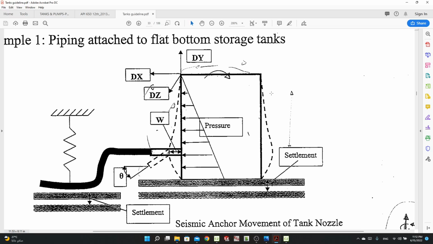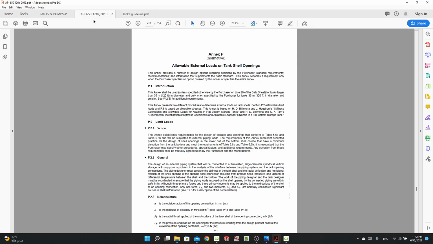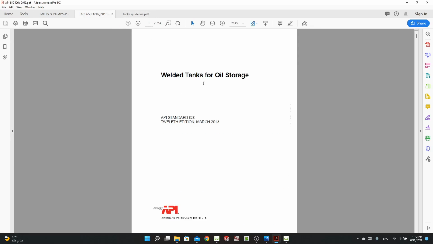Today, I will continue explaining how to make input in Caesar, and in this series of videos, I will start to explain how to evaluate the equipment nozzles against the loads that are coming from the pipe. I will start this with API 650 for the welded storage tank.